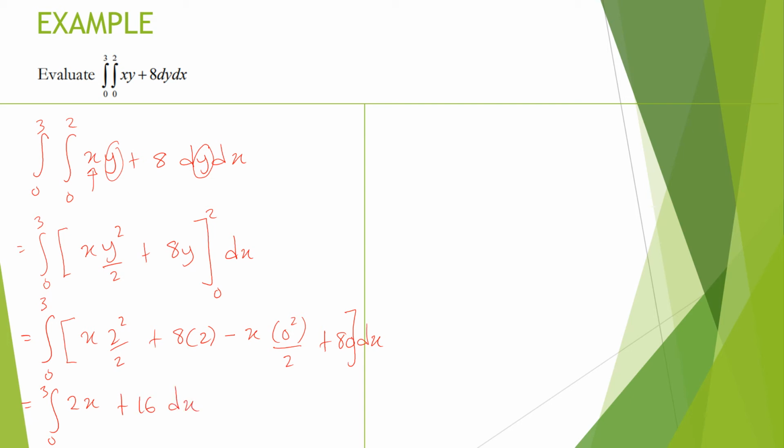Now we are going to integrate with respect to x. Circle your x. So 2x squared over 2 plus 16x.